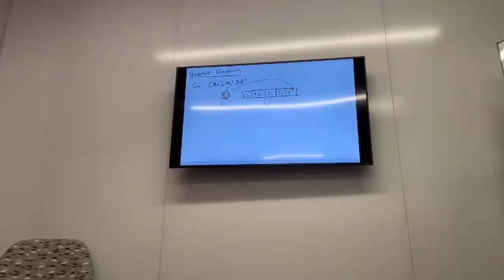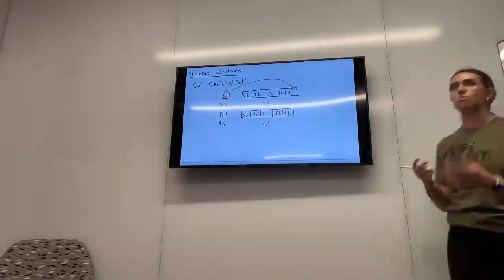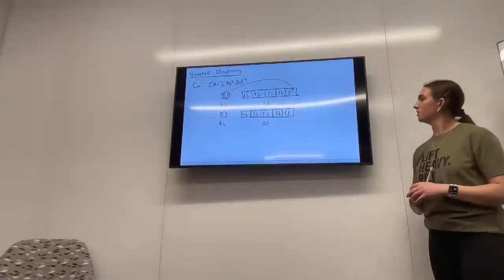So now our new orbital diagram is going to be 1 in your 4S, and then pair all of our 3D electrons. Okay, this just makes it more energetically favorable.